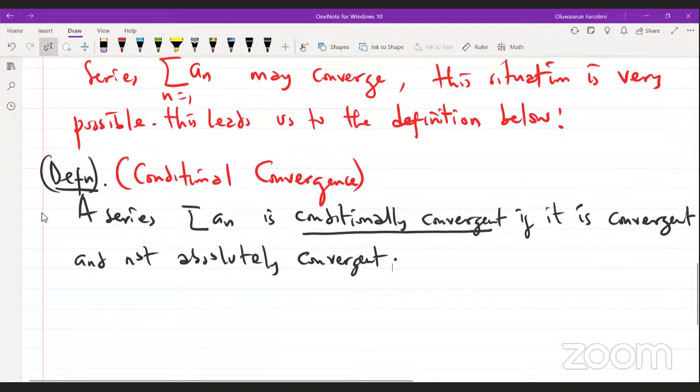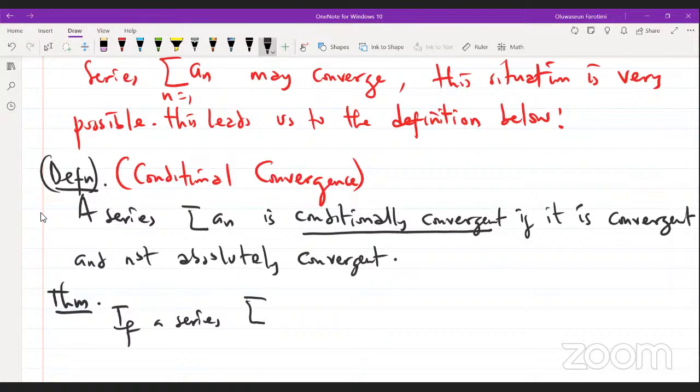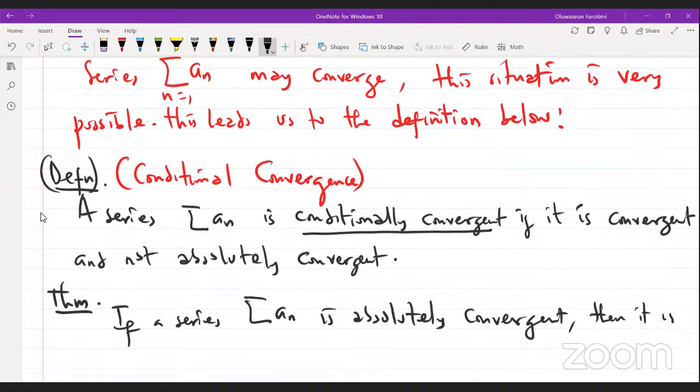Now, there's a theorem, guys. There's a powerful theorem which I want to state right now, which says that if a series, okay, let me write the series. If a series, this guy, is absolutely convergent, then it is convergent.